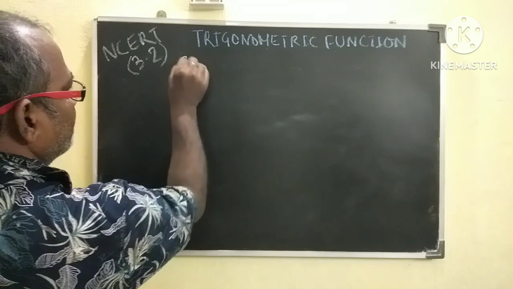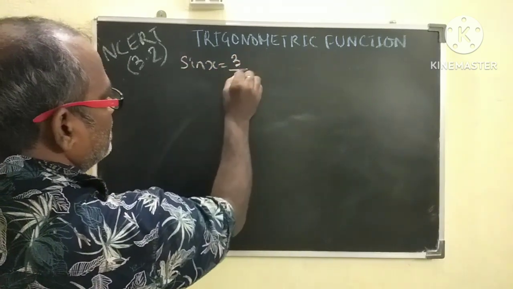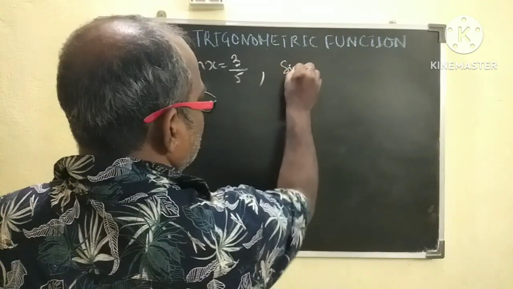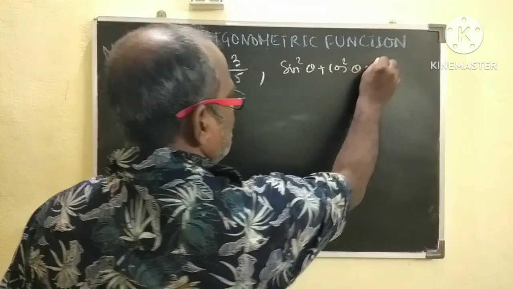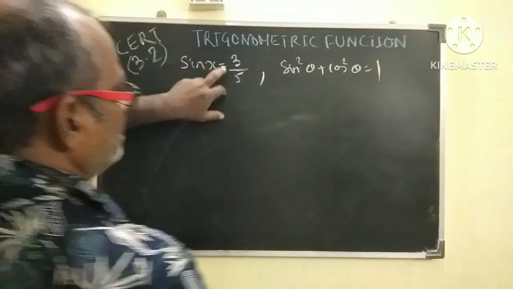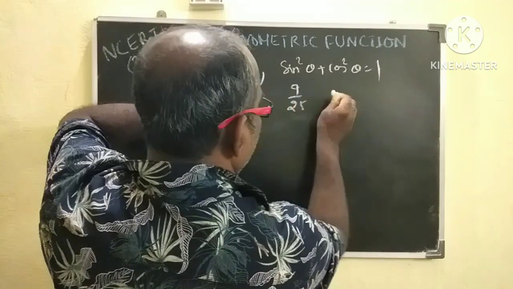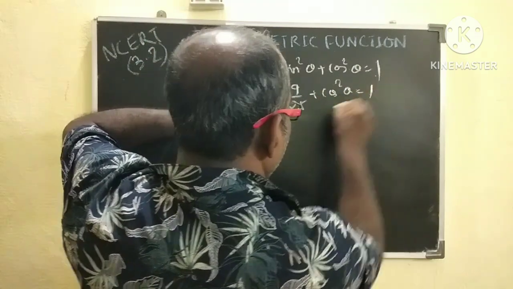It is given sin x equals 3 by 5. We will use the formula sin square theta plus cos square theta equals 1. Here sin square is 9 by 25, plus cos square theta equals 1.